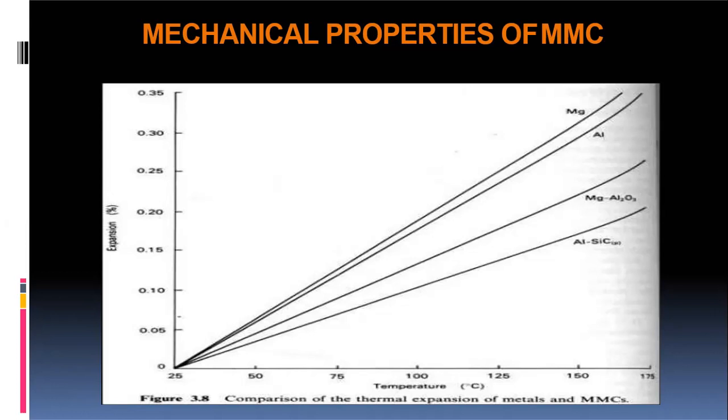Next to it is aluminum, which also has very good structure. Of all, aluminum silicon carbide has the least thermal expansion among the metal matrix composites. So we can use aluminum silicon carbide as a highly useful metal matrix composite. These are all about the mechanical properties of metal matrix composites.